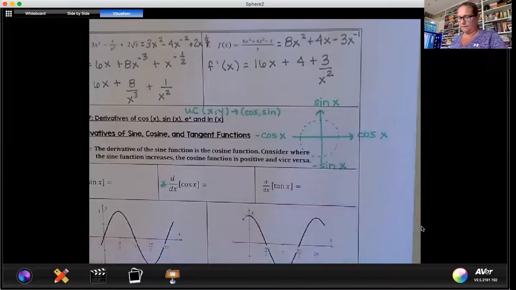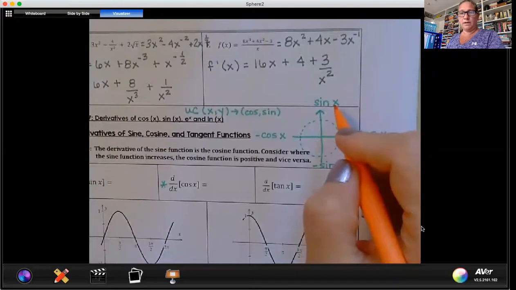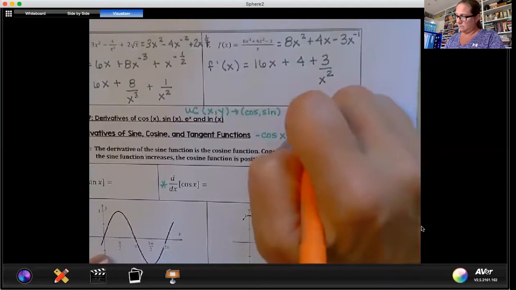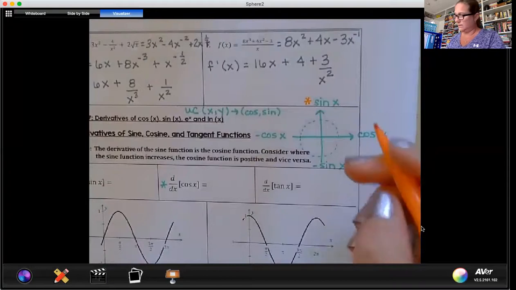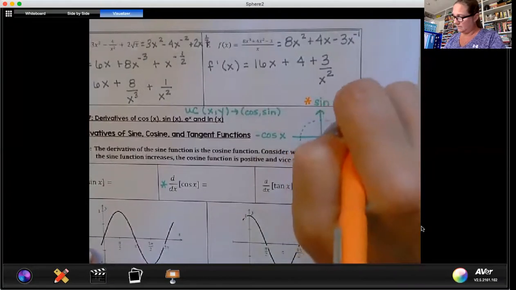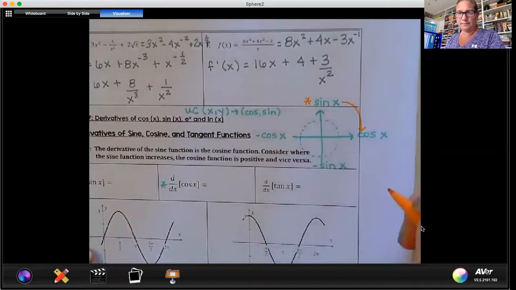And here's how the derivative circle works. You are welcome to draw this on your papers anytime you are working with derivatives of sine and cosine, not tangent, but sine and cosine. I always start here. You can start wherever you would like, but you have to go in the correct direction, clockwise. The derivative of sine is cosine.